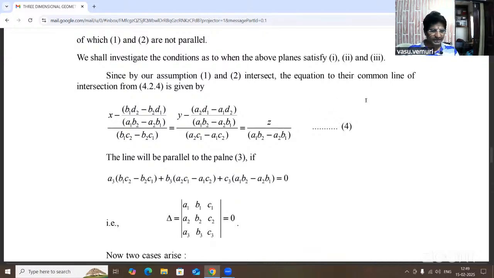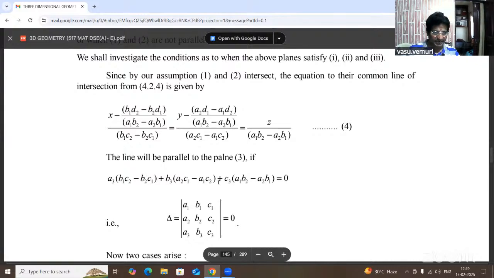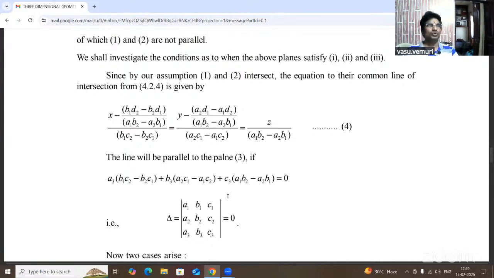This may be written as a determinant: delta equal to the determinant of a1 b1 c1, a2 b2 c2, a3 b3 c3. This determinant must equal 0. After expanding the determinant, we get the required condition. Now this determinant is delta.